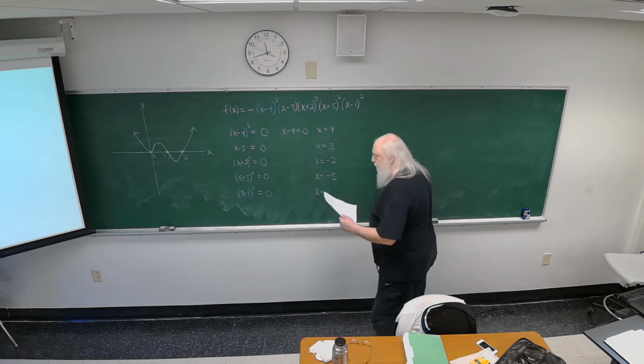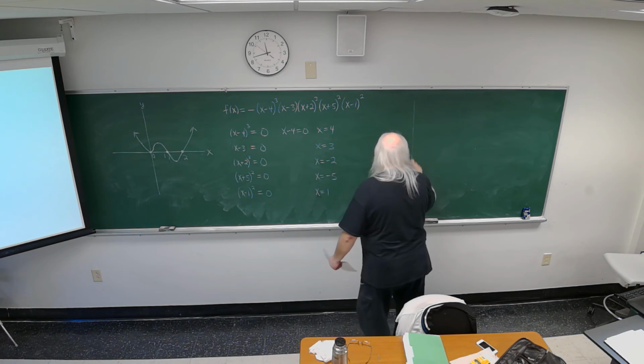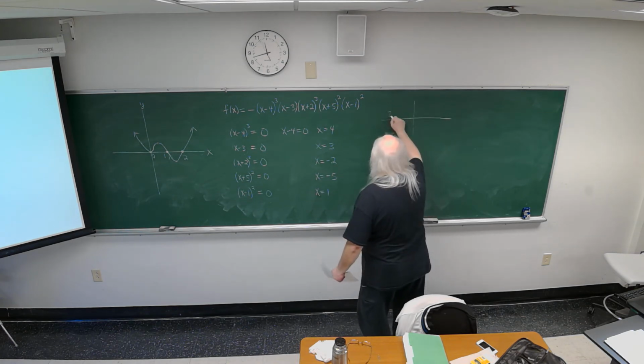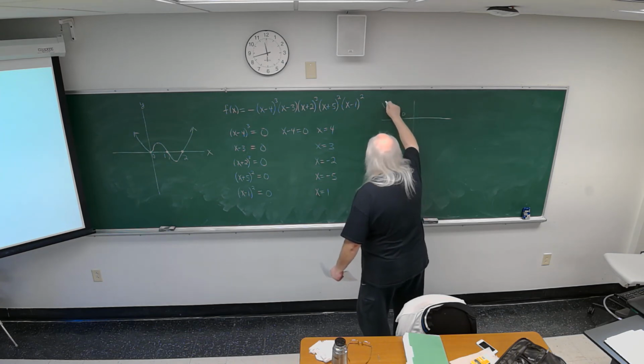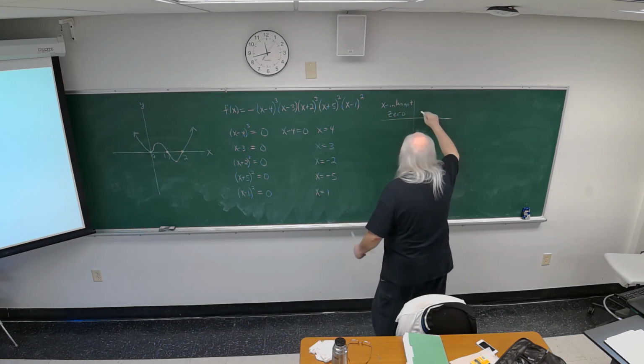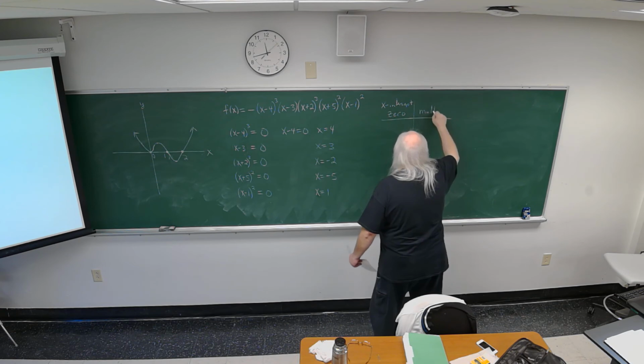Now I'm going to create a little table with 2 columns. The first column contains the 0, which is also the x-intercept. And the second column contains the multiplicity.